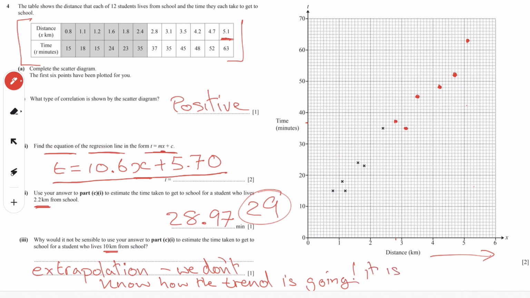It is outside the range. Okay, so that is question 4. Let's move on to the next one. Nice and easy, that one, if you know how to use a GDC.